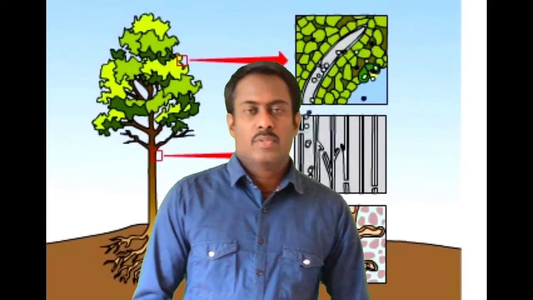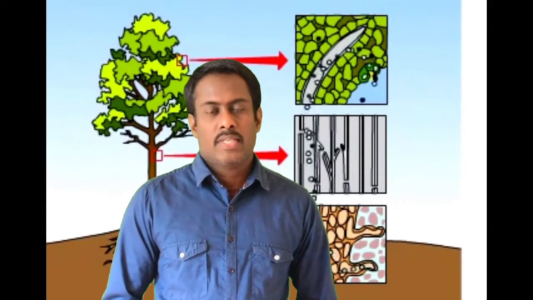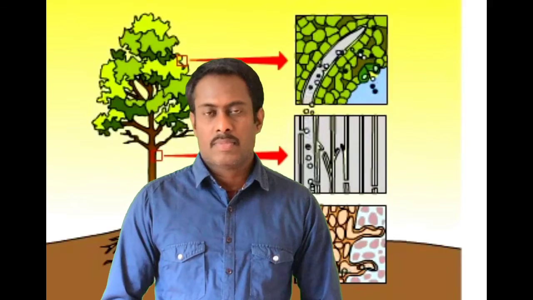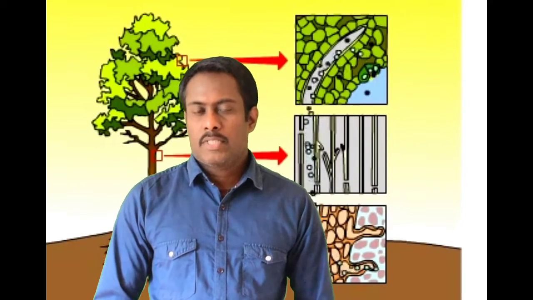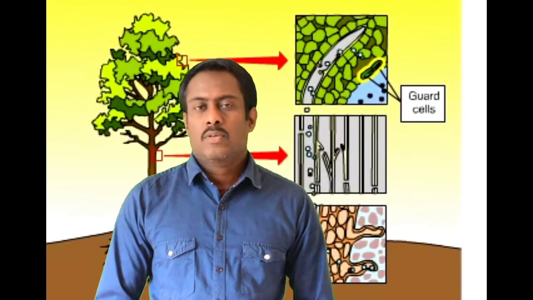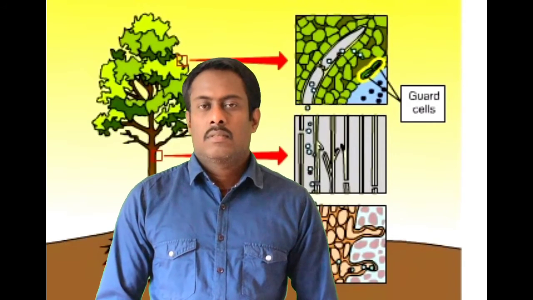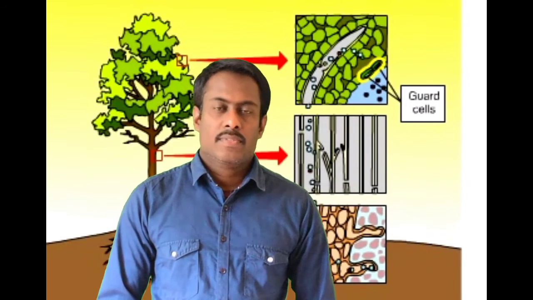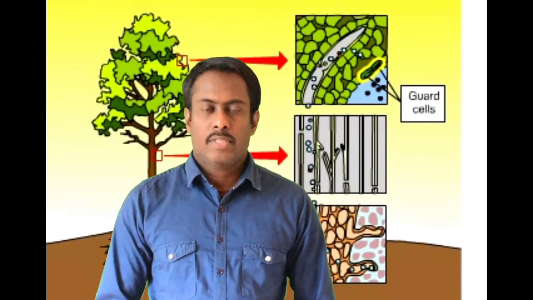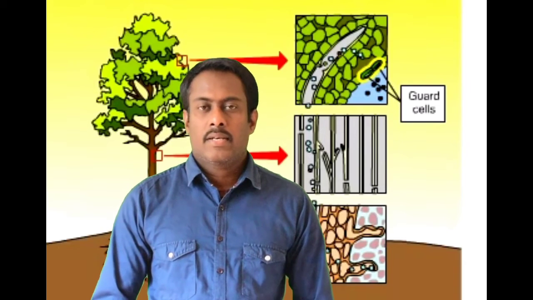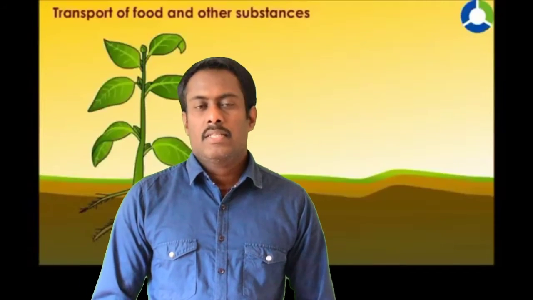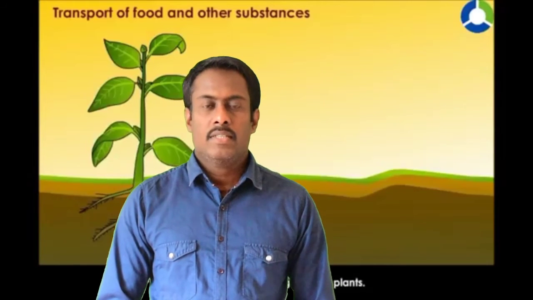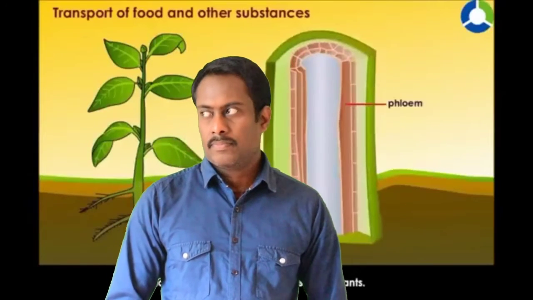Besides the product of photosynthesis, the phloem tissue carries amino acids and other substances. Unlike the transportation in xylem tissues, the translocation in phloem tissues is not carried out by simple physical forces, and it needs energy, which is derived from ATP molecules synthesized in the leaves.